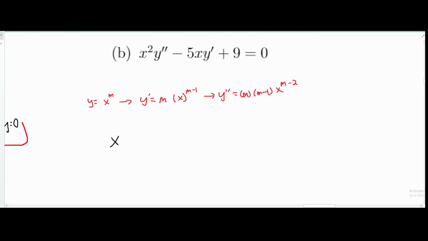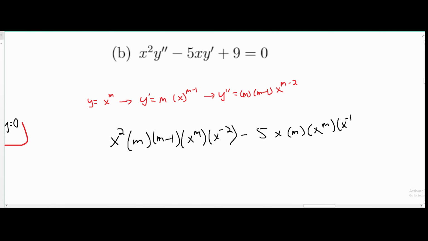We have our x squared, same as last time, m times m minus 1 times x to the m times x to the negative 2, again because we separate our x to the m minus 2. And then we are going to subtract a 5x. We have a y prime here, so we need to plug in y prime being m times x to the m times x to the negative 1, plus 9 is equal to 0.